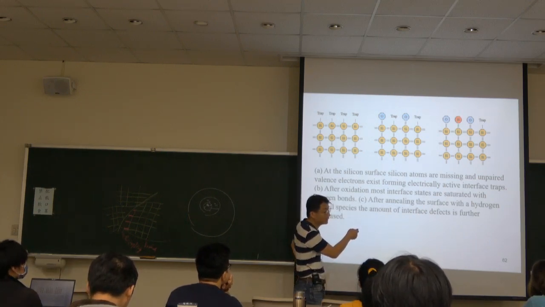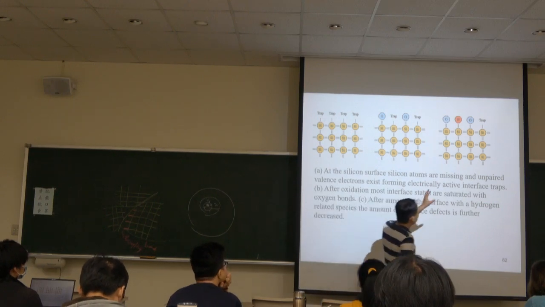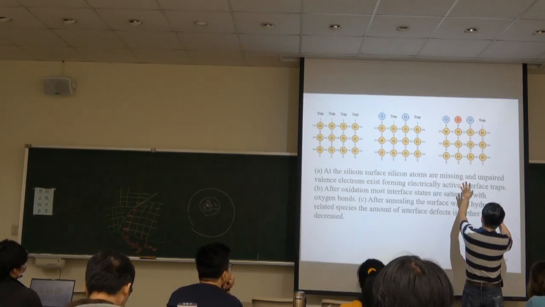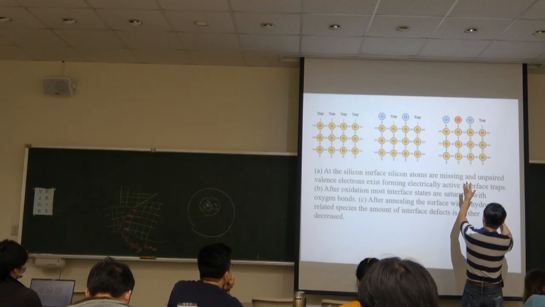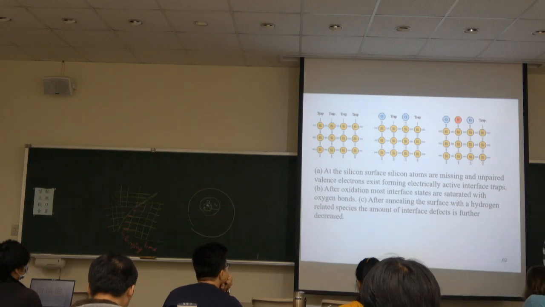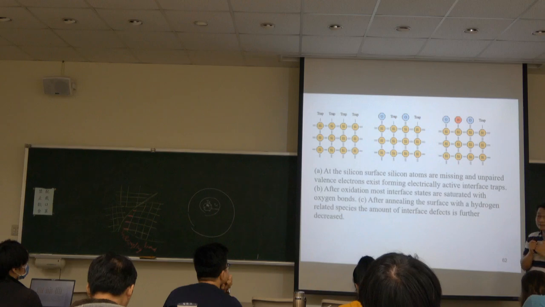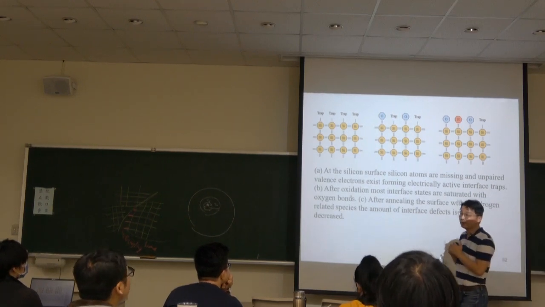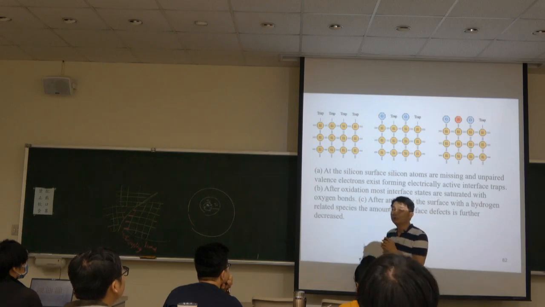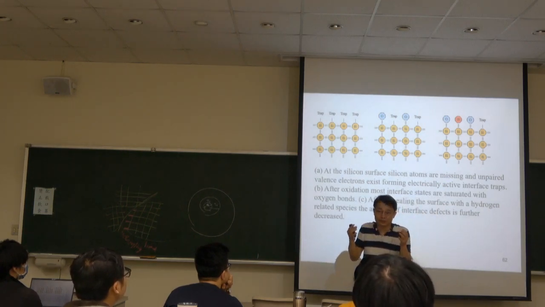Therefore, some of the area can be tied up by oxygen and also by hydrogen. By oxygen, you will increase the resistance. By hydrogen, it will be better because it won't increase the resistance.